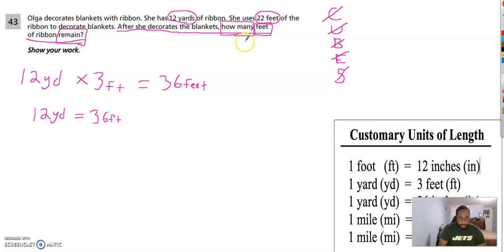Now, we have the second part of the problem. She uses 22 feet of ribbon to decorate the blankets. All right, so what should we do next? Stephen. Yes, we should subtract. We should subtract 22 from the 36 feet that we found.